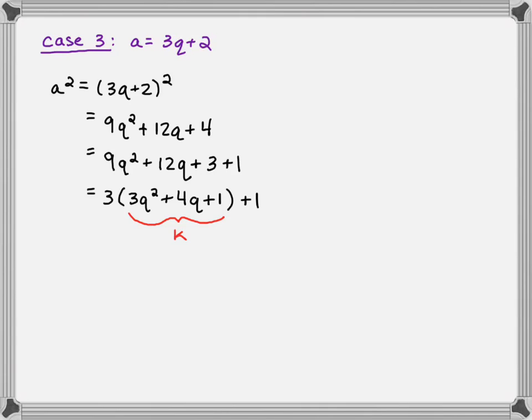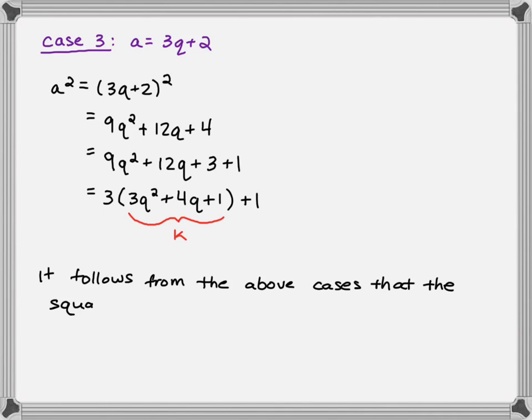And so it follows, and this is the conclusion statement, it follows from the above cases that the square of an integer is either of the form 3k or 3k plus 1.